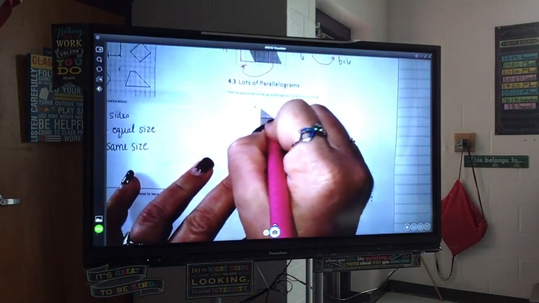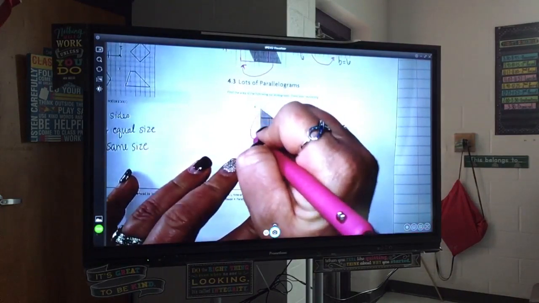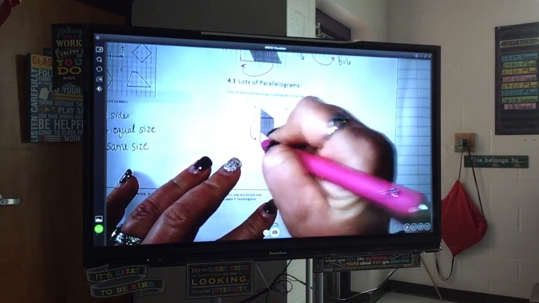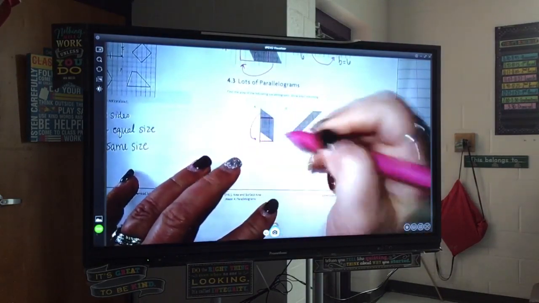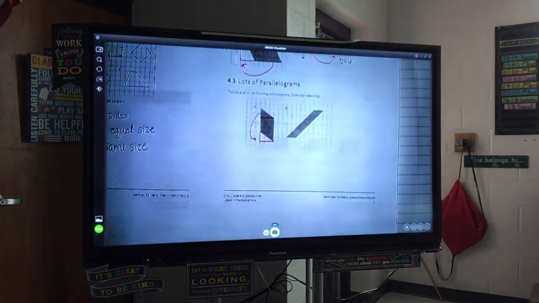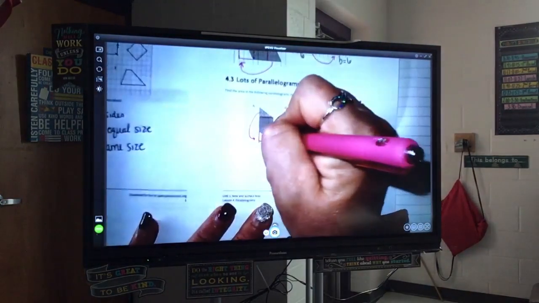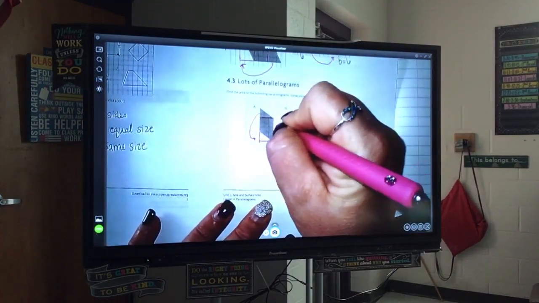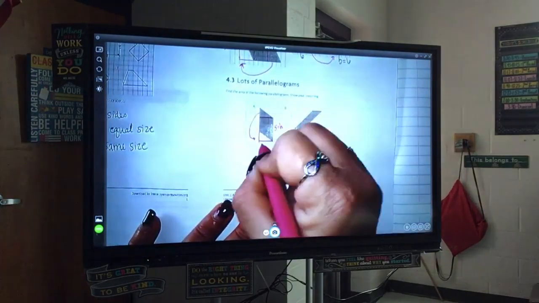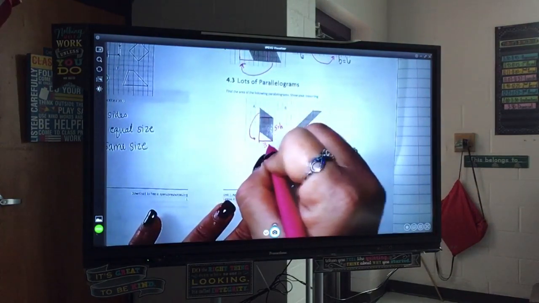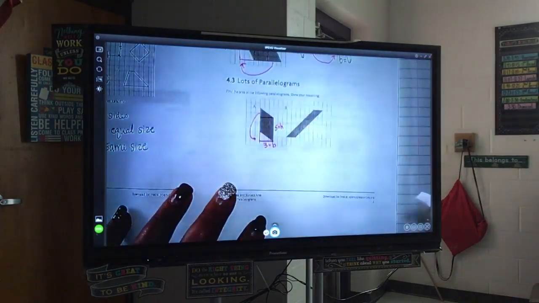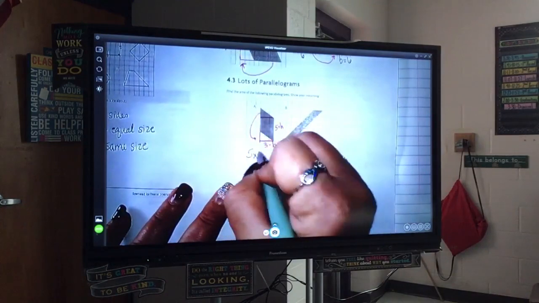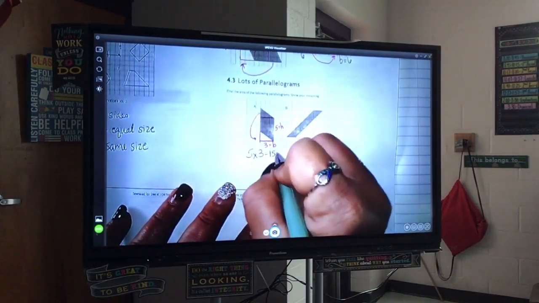I'm going to rearrange it right here and make what kind of shape? Rectangle. So I'm going to do 1, 2, 3, wait, 1, 2, 3, 4, 5. So my height is going to be 5, my base is going to be 3, and then I'm going to do 5 times 3, which gives me 15 units squared.